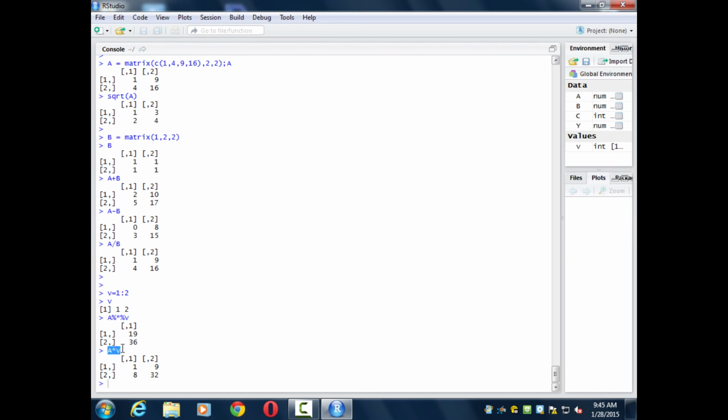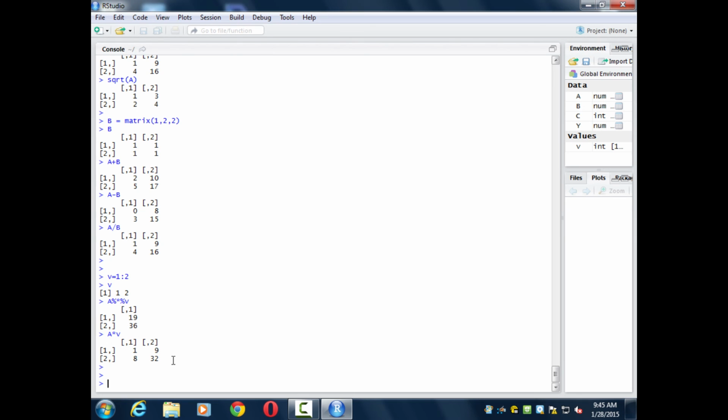The multiplication operator without the percent signs is another operation here. It's basically an operation that is not the standard defined matrix-vector multiplication.